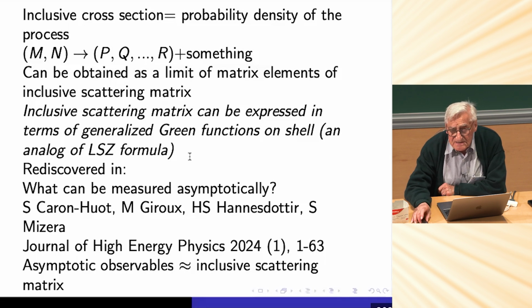One of the main statements that I would like to emphasize is that the inclusive scattering matrix can be expressed in terms of generalized Green functions on shell. This is an analog of the LSZ formula. And I will explain what generalized Green functions are in the next slide.